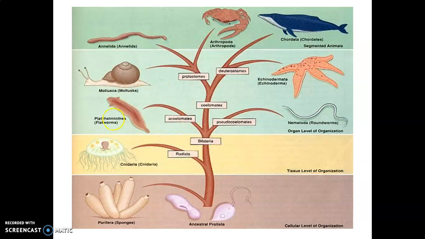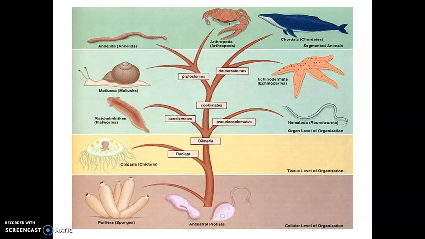Platyhelminths, here you can see the diagram of a flatworm. Platyhelminths, the common name is flatworm, and aschelminths, example Ascaris. They are known as roundworms, isn't it? And after that we discuss about annelids.